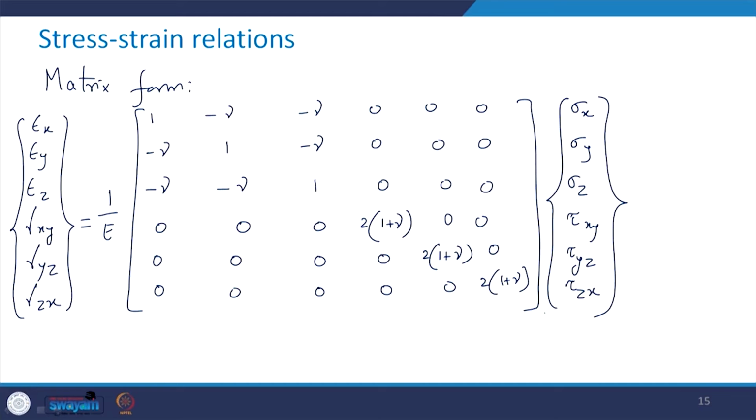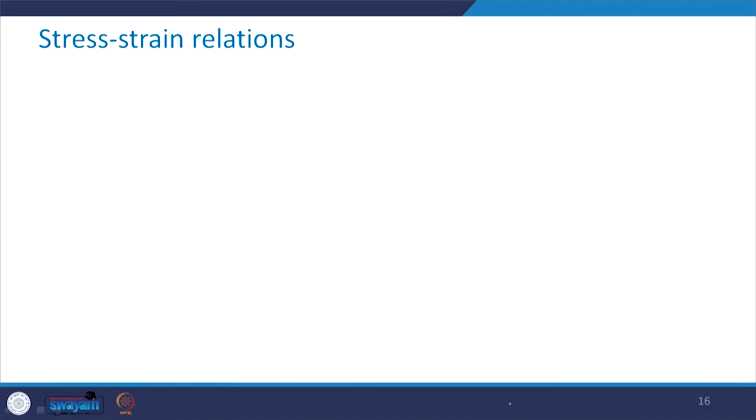So, this is how the strain can be written in terms of stresses. Similarly, you can write these stresses in the form of strains. Let us see how. So, here now we will have the stress vector, say that is sigma x, sigma y, sigma z, tau xy, tau yz and tau zx.